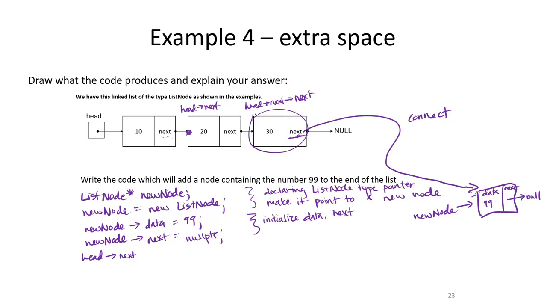Head arrow next would give us our second node, right? Because head arrow next points at the second node, head arrow next next points at the third node. We want head arrow next next value. I'm going to take this next and make it point where new node points.